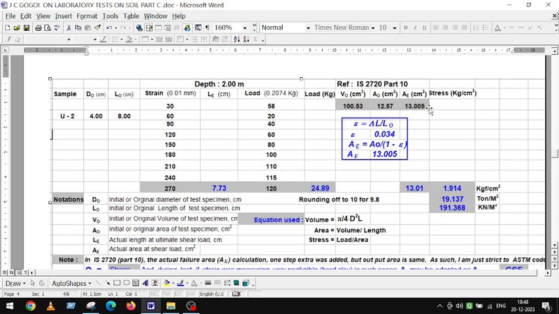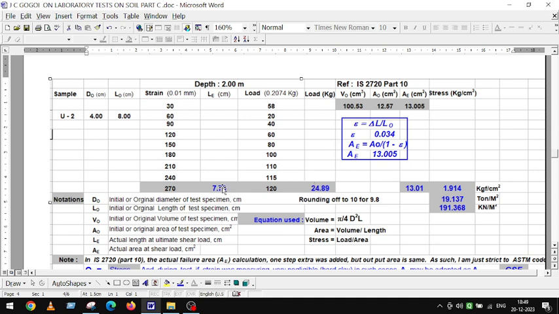But in the case of soil, when longitudinal strain occurs, the area shall change. So we have to calculate the area. There are two methods. One is we have to modify the length.